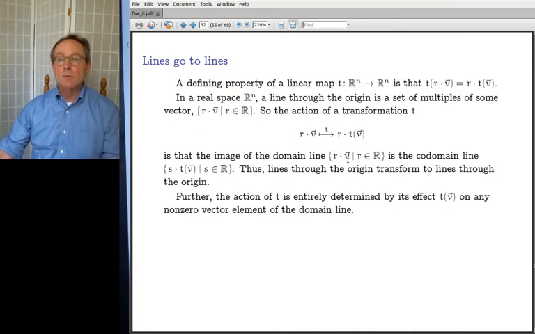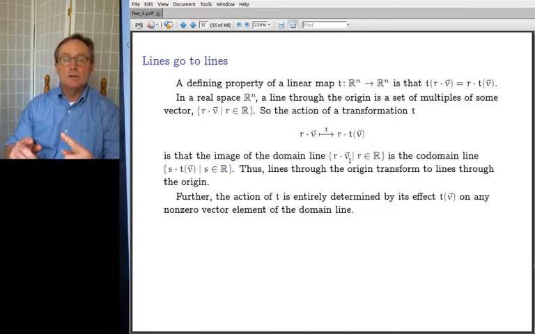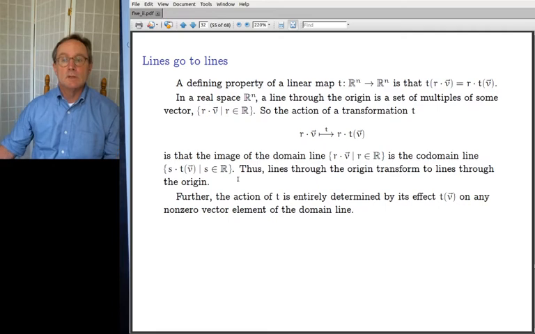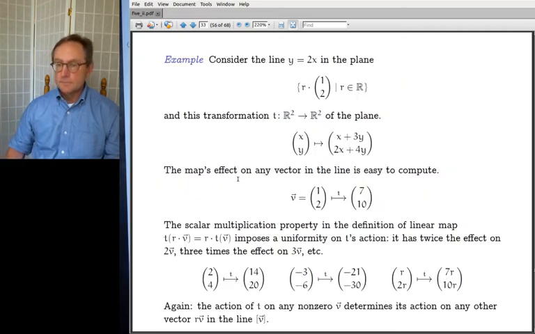If, for example, this vector gets turned from so to so, then every vector in the line will get turned, whatever the geometry is there. If this vector gets flipped around to be the negative of itself, then every vector will get flipped around to be the negative of itself, whatever the geometry is.